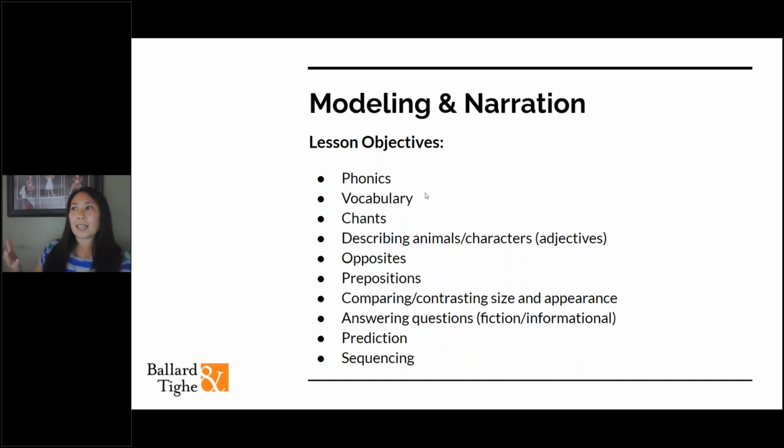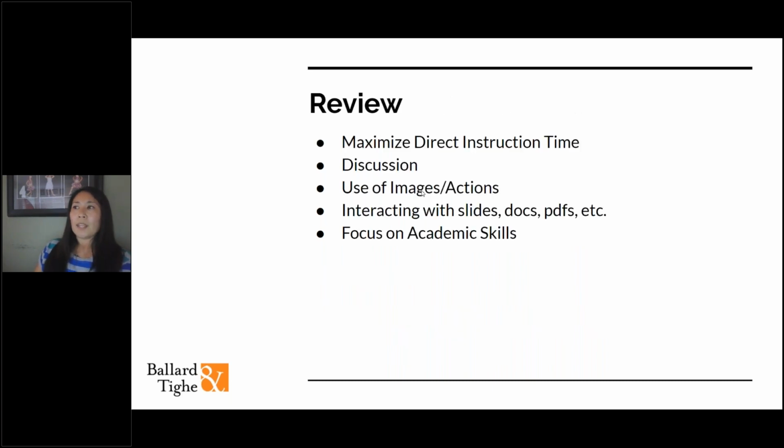So that is just a model of how it could be done. Again, you know, the girl's higher level, but the same idea with those lower levels. That's kind of where you want to get them. So just a little bit of a review. We always want to maximize direct instruction time. You could see that that was live instruction. There was just a lot of conversation, a lot of discussion going on.